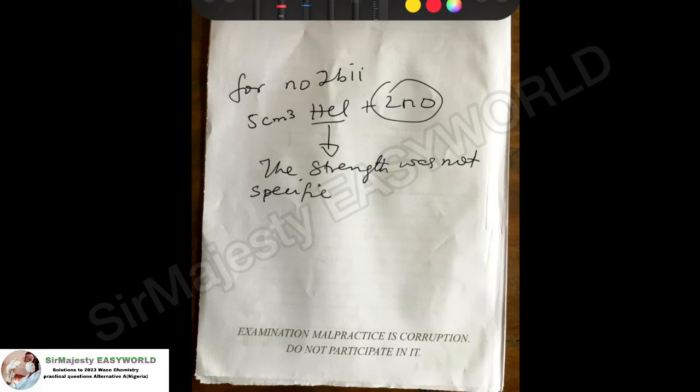So what if a child happened to have HCl that is up to 0.5 mole, or possibly even up to 1.0 mole per dm cube, and adds it to that half spatula of zinc oxide, and the whole thing dissolves? Most times the zinc oxide might be half a spatula, and the child might not divide it perfectly well during heating, so it might be less than half a spatula.